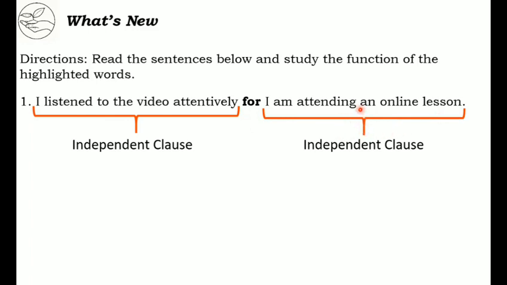It is a simple sentence. That's why it is called an independent clause. Now, here in the middle, this "for" is called a coordinating conjunction. The function of this coordinating conjunction is just to connect these two independent clauses.